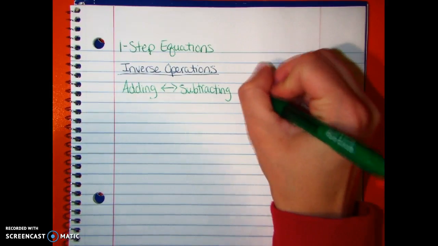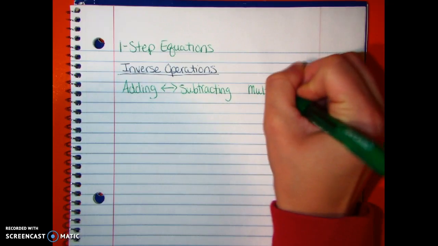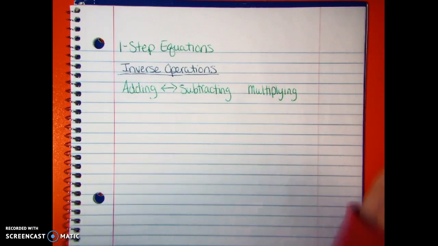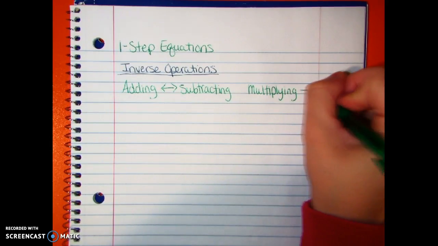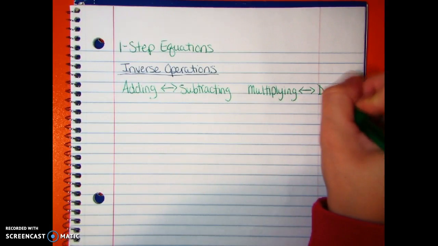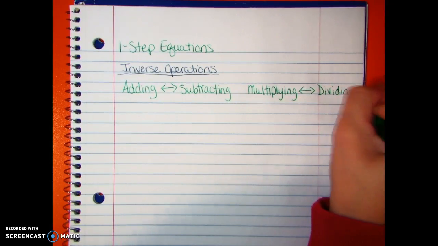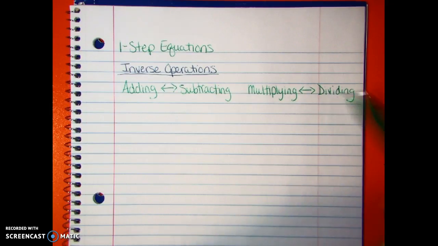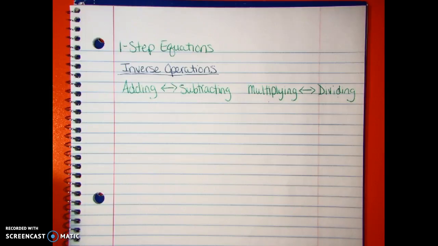And if we're multiplying, the inverse operation is dividing. And that goes as well as if you're dividing, the opposite is multiplying. So basically with one-step equations, you do the opposite. So let's look at a few examples.